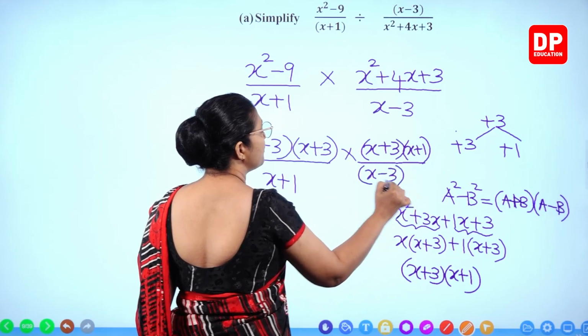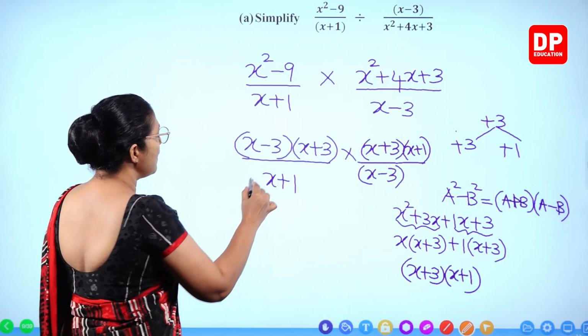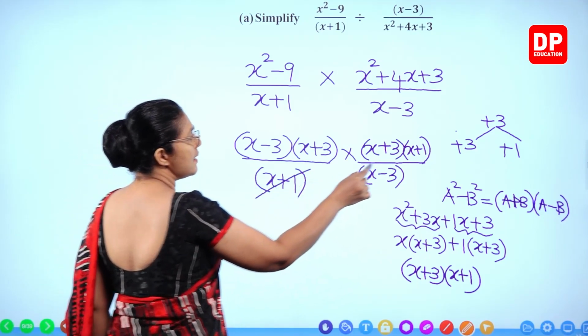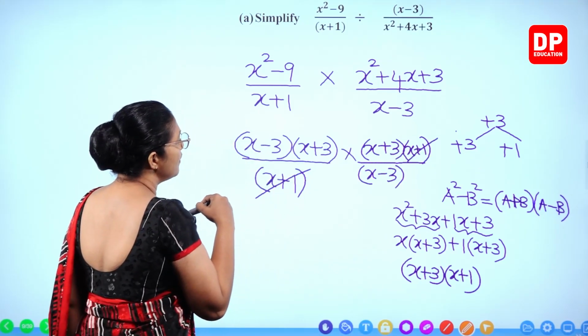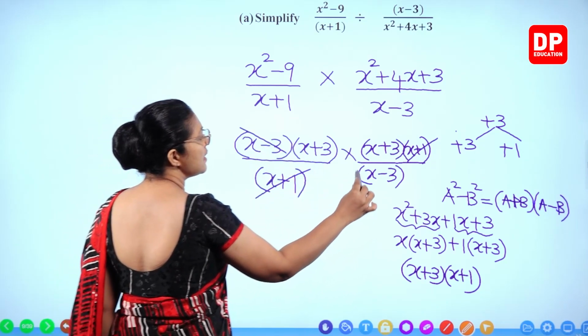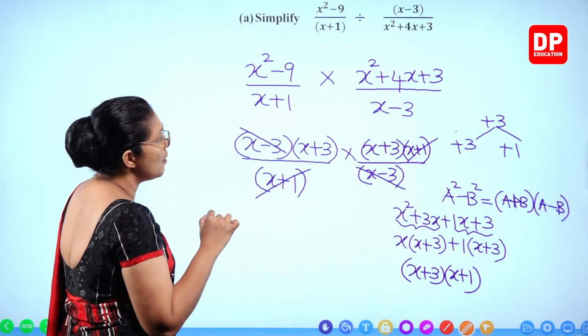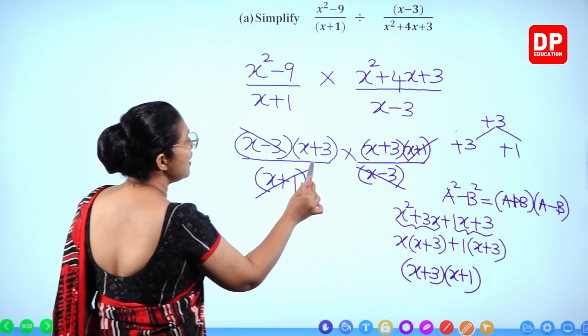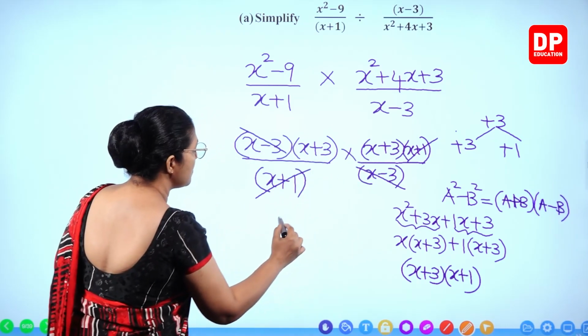Then you can simplify. Look at the terms and see. This term gets cancelled out, and the x minus 3 term gets cancelled out. So what is the last one? You get x plus 3 and x plus 3, x plus 3 squared.